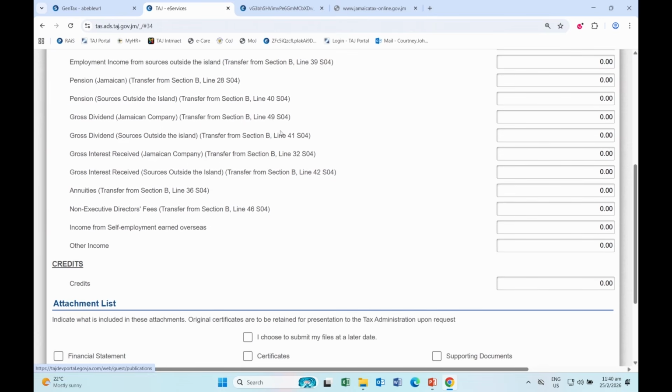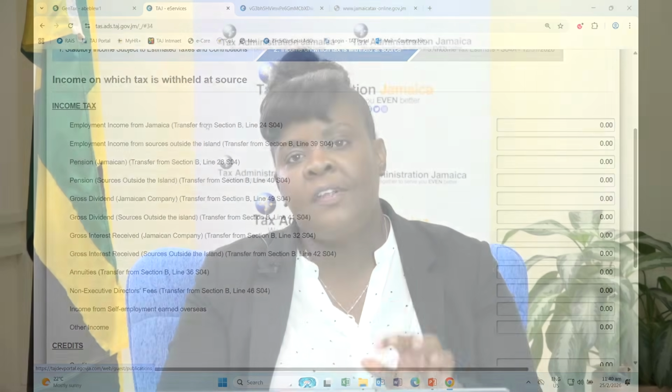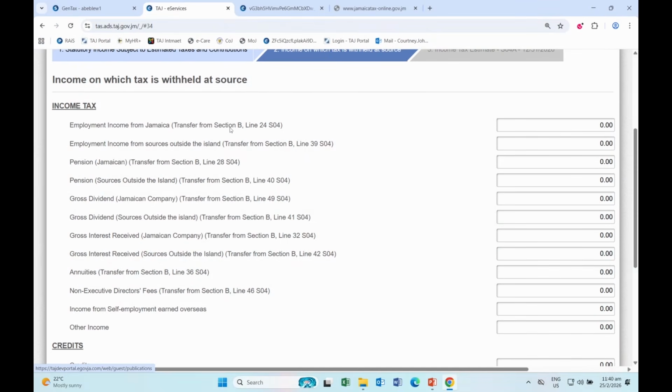Now, on this page, of course, we don't want to be taxing you 2 times. So if you're expecting an income that is going to be taxed at source in 2026, you will outline what that income would be based on the previous year. So there were no pension income, dividends, gross interest or annuities, nor director's fees. There was just employment income, and he had employment for that year.